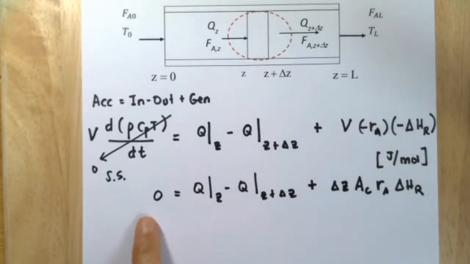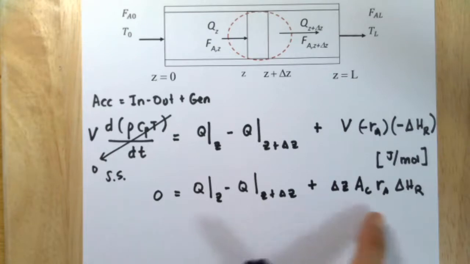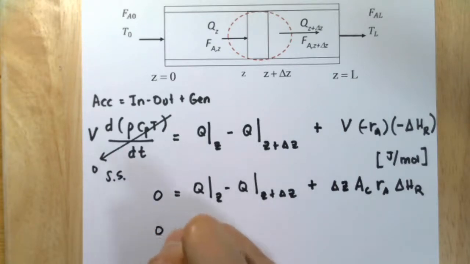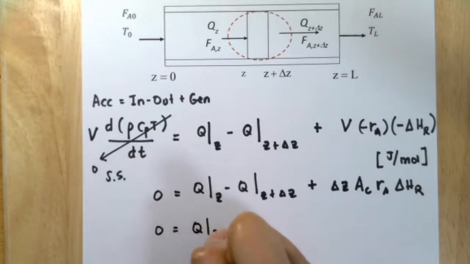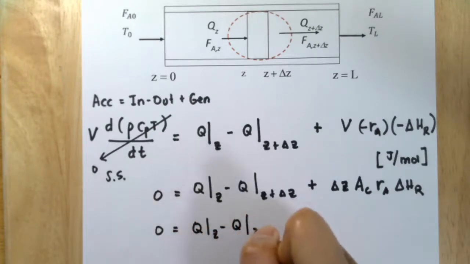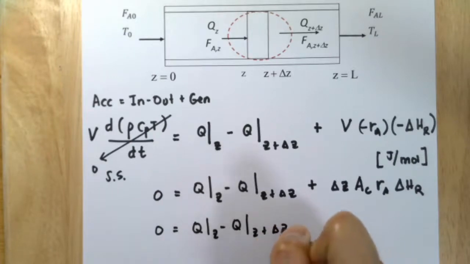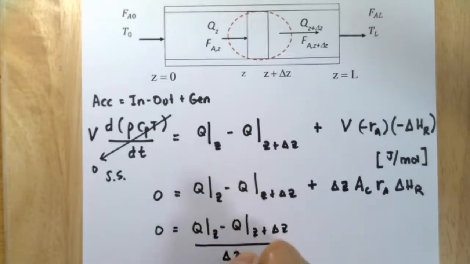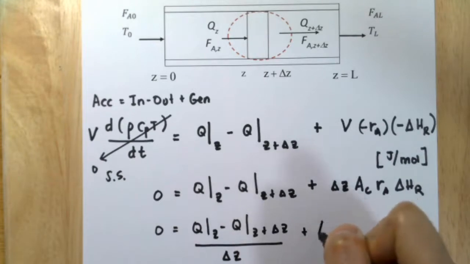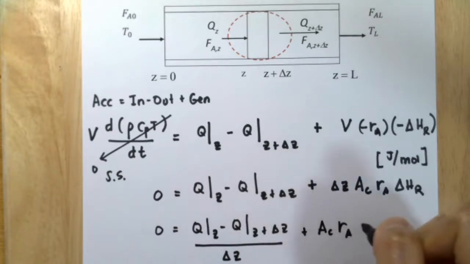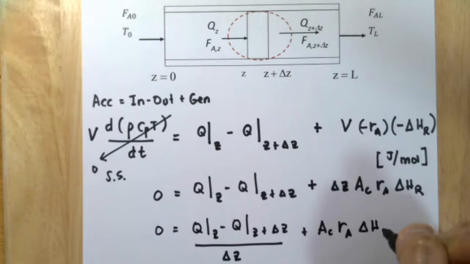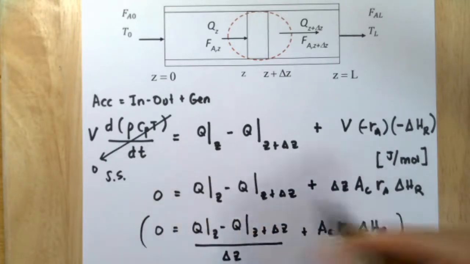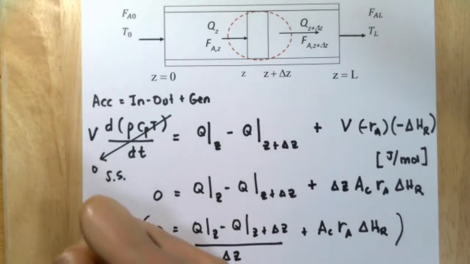Okay, so now we can divide each term by delta Z. So we'll have 0 equals Q at Z minus Q at Z plus delta Z, all over delta Z, plus AC RA delta HR. And then I can take the limit as delta Z tends to 0.